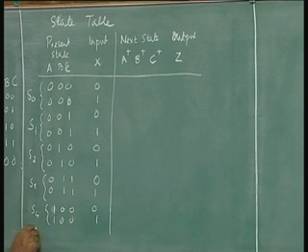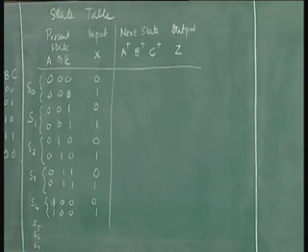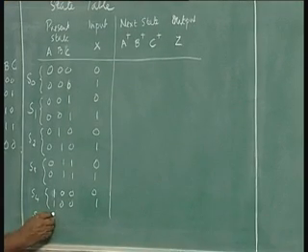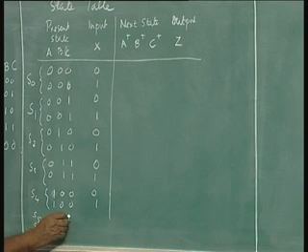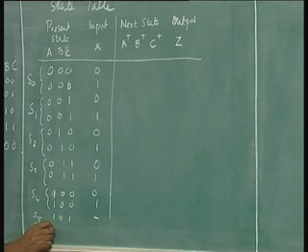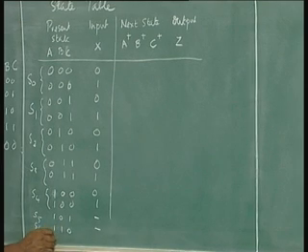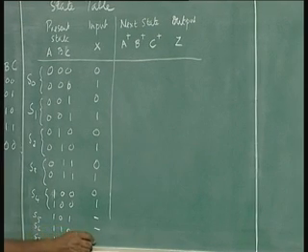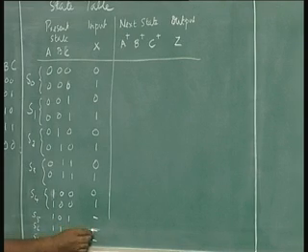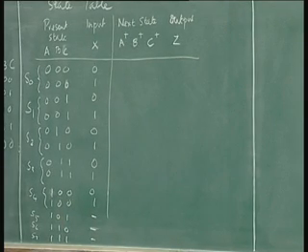S5, S6, S7 do not exist. So 1 0 1, 1 1 0, 1 1 1 do not have these states, so there is no need for considering the input x 0, input x 1 for these states.